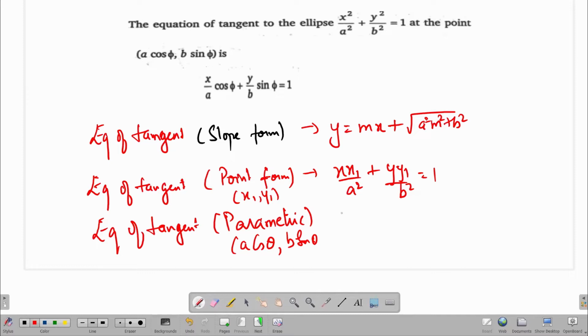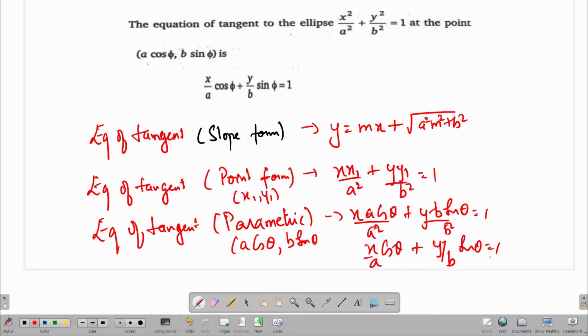My equation turned out to be x a cos theta upon a square plus y b sin theta upon b square. On further solving, we get x by a cos theta plus y by b sin theta equal to 1. So this is my equation of tangent in parametric form.